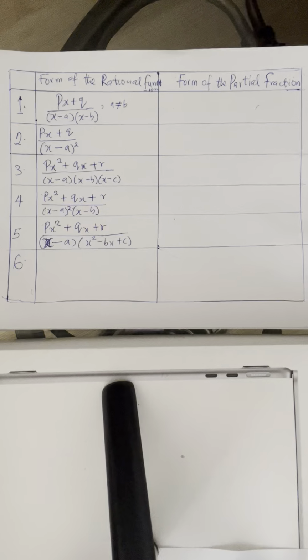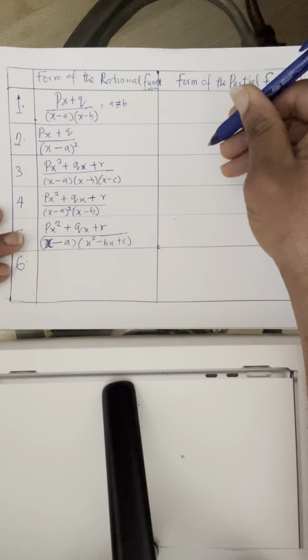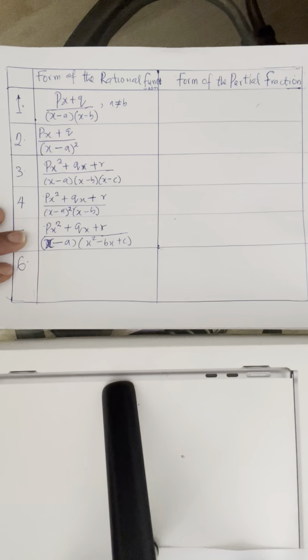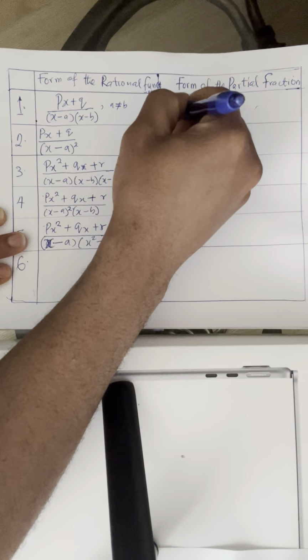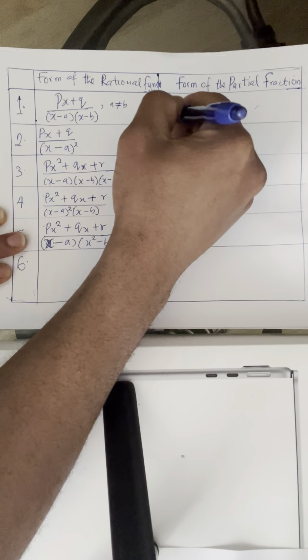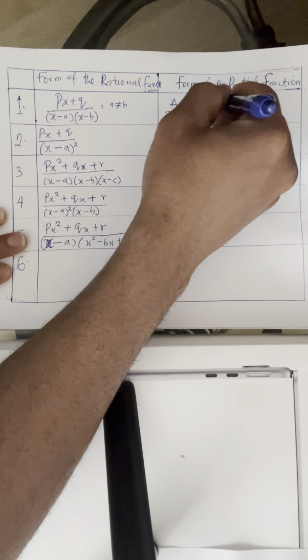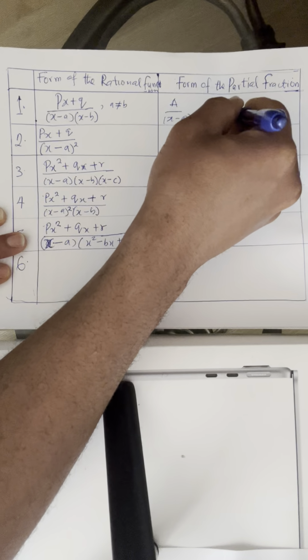So here's a form of how to write the partial fraction. On the left, you write it this way: a over x minus a plus b over x minus b.